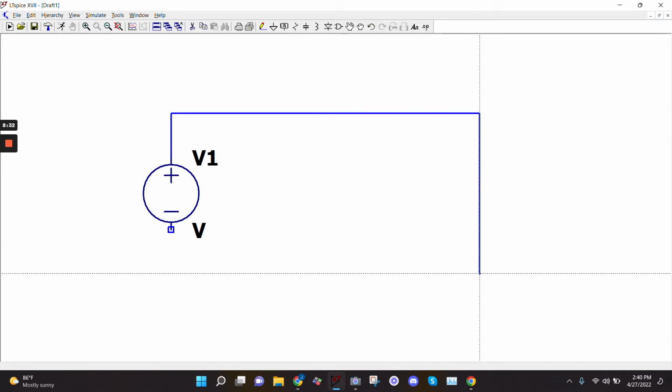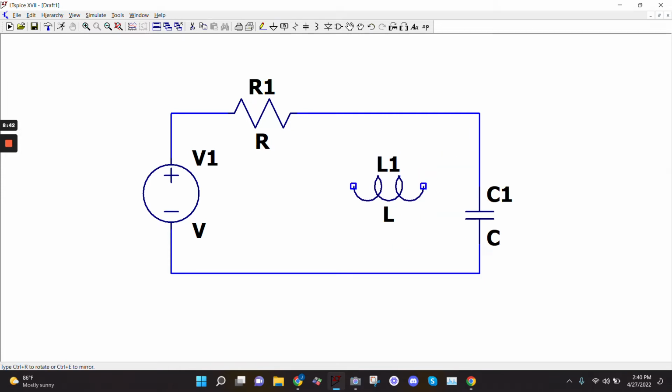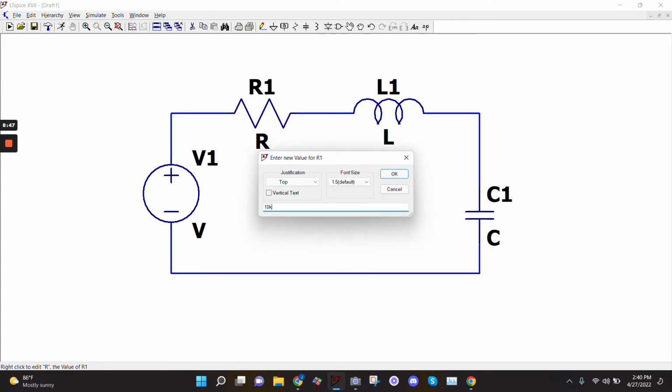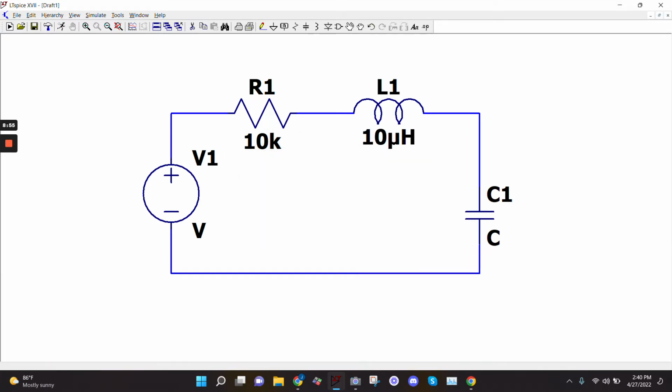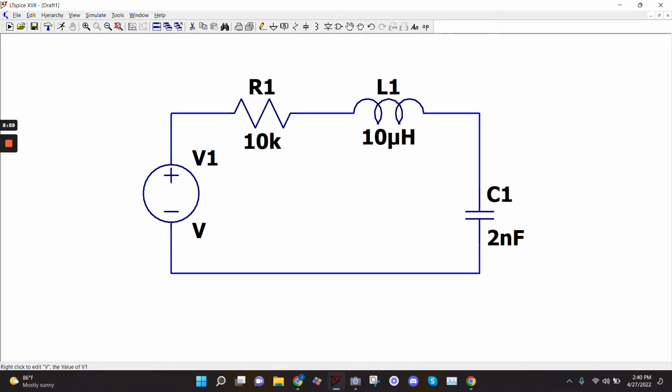It's not something you'll need to know, but I want you to see it, because it's also going to be a part of 221. So let's make this 10K. Let's make this 10 microhenries. And we'll make this like 2 nanofarads.